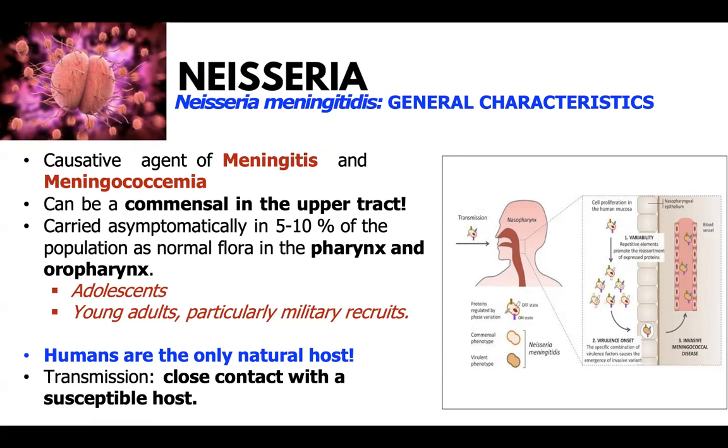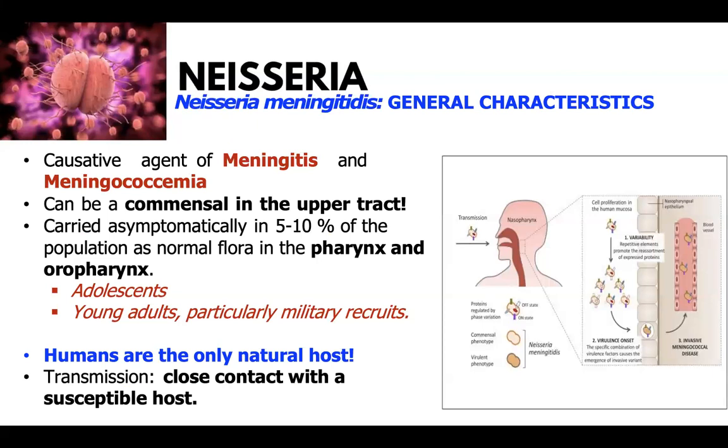So, pero, okay, ang unusual dito is that si meningitidis is actually a commensal of the upper respiratory tract. Okay? Commensal ng ating upper respiratory tract. So, may mga asymptomatic carriers tayo. About 5 to 10% of the population have Neisseria meningitidis as normal flora in their pharynx and oropharynx. Okay?